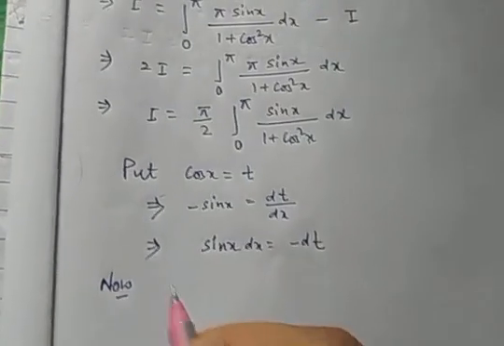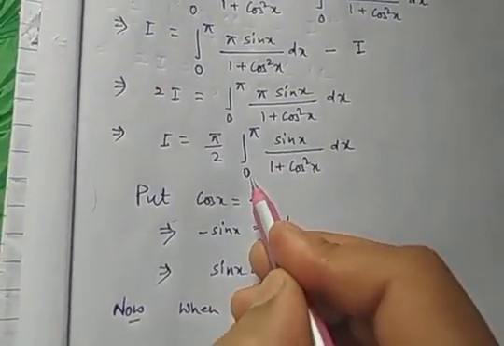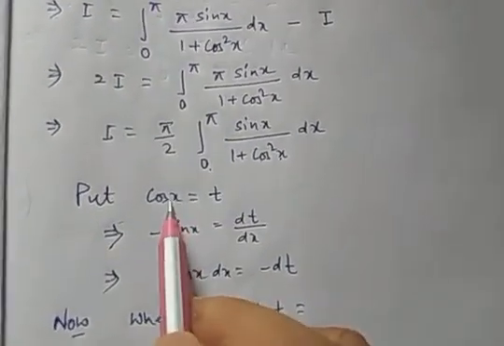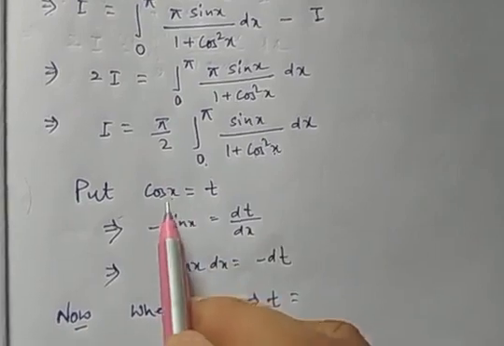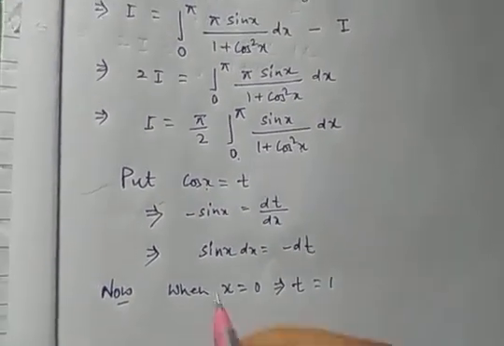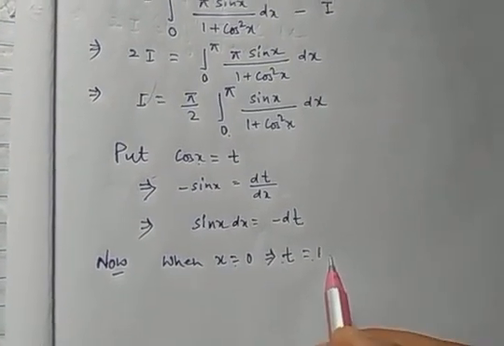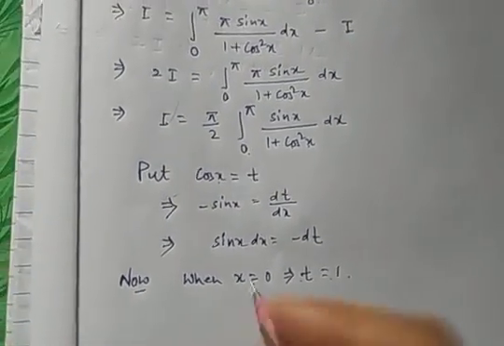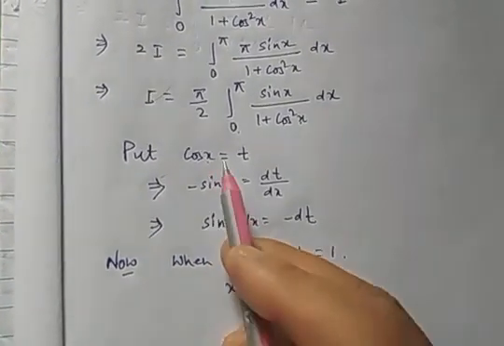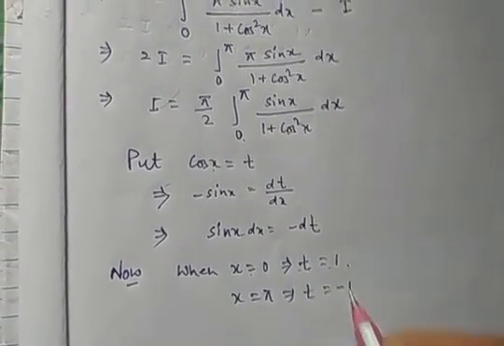So when x is equal to 0, this implies t is equal to, putting the value of x as 0 here, cos 0 is equal to 1. So here t is equal to 1. When x is equal to 0, then t goes to 1. Now when x is equal to pi, this implies cos pi is equal to minus 1. Here t is equal to minus 1.